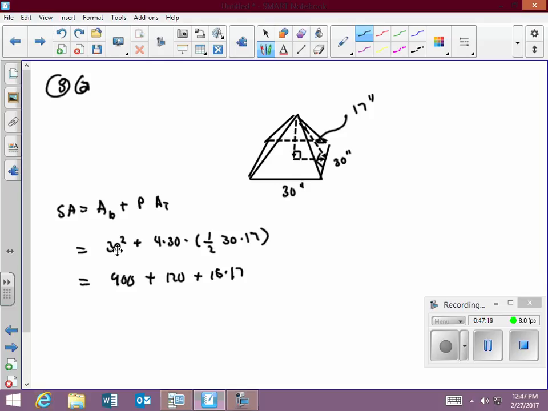This is the area of the base, 30 squared. And each one of these is 30, so 4 times 30 is 120. And it's this base times that height, and it's 1/2 of it. You have to multiply it by 4 for each face. 4 times 30 is the perimeter.